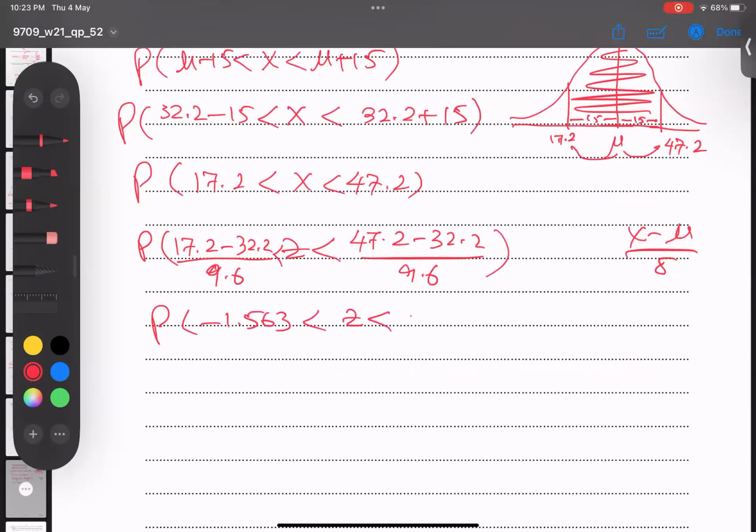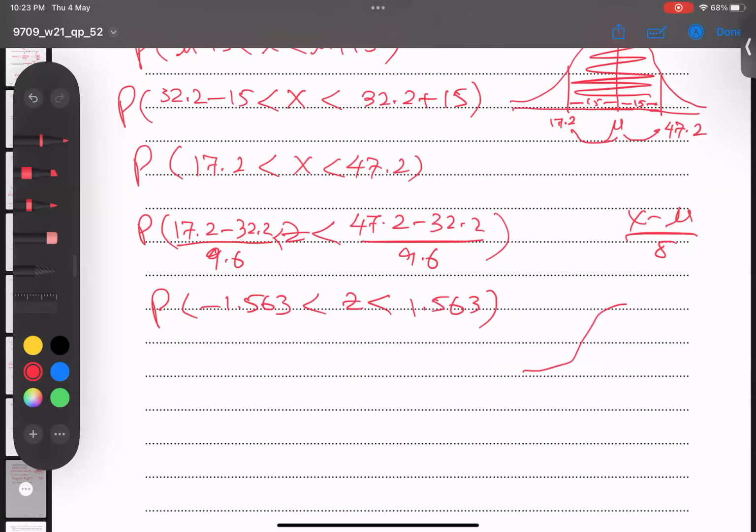And this value becomes positive 1.563. One value is positive and one is negative. So 1.563 and negative 1.563, this is the area I'm looking for.